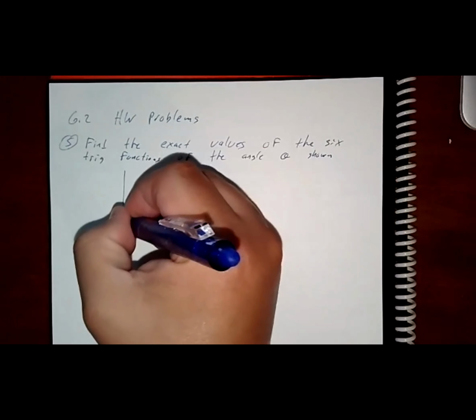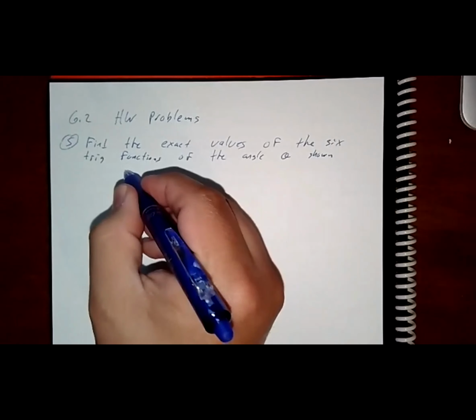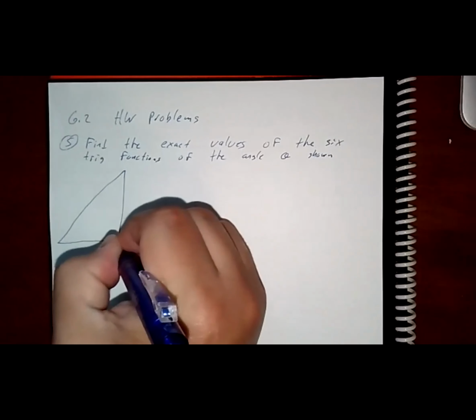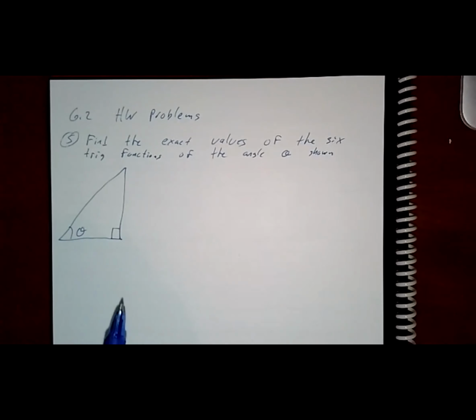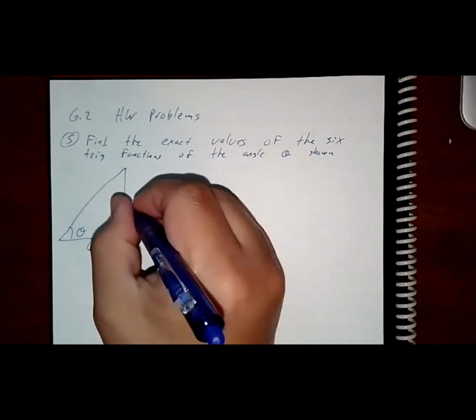So let me draw you the picture here. So they gave us this picture in the homework. It's a right angle. The little corner means right angle, right? They gave us a 6 and an 8.